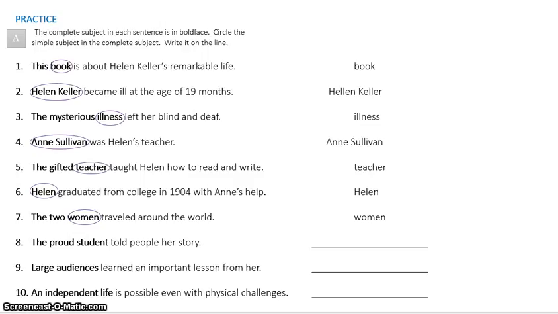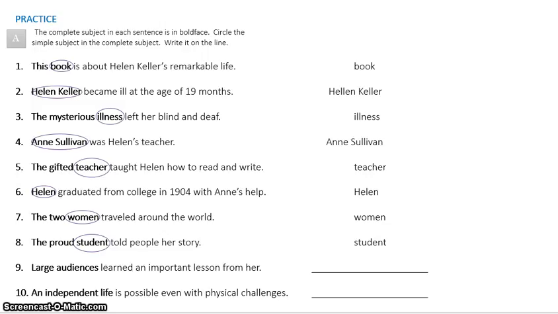Number 8 says the proud student told people her story. They've divided the sentence into complete subject, complete predicate. I look at the complete subject. There's 3 words to choose from. And so I should have circled student and written student on the line.